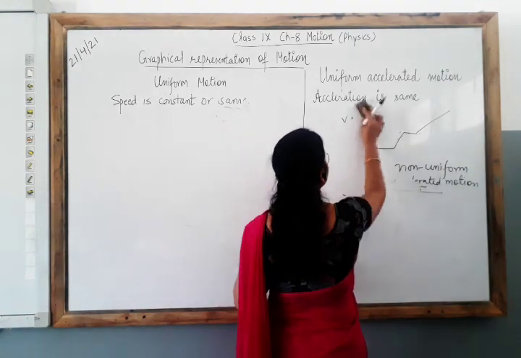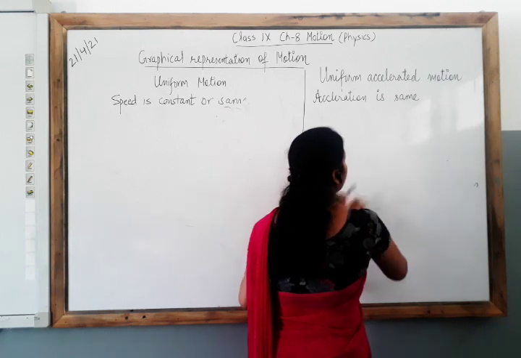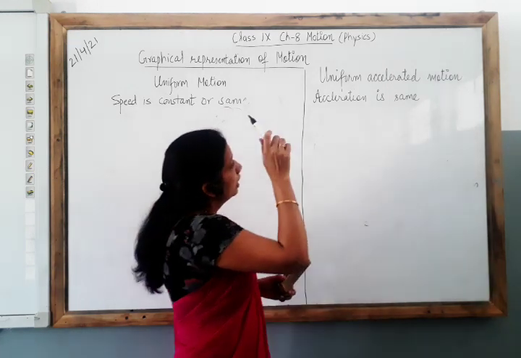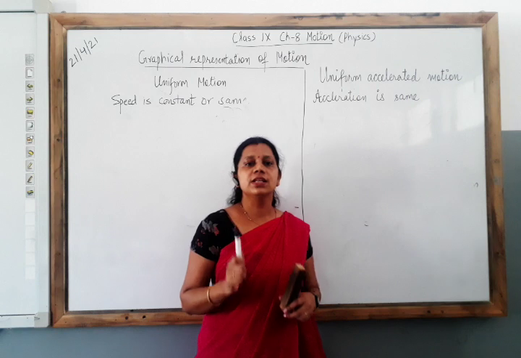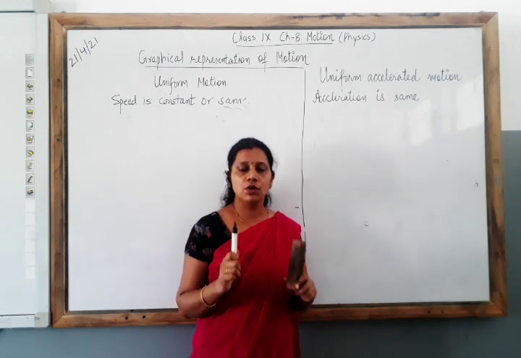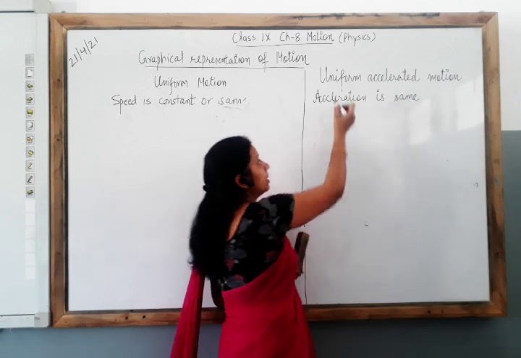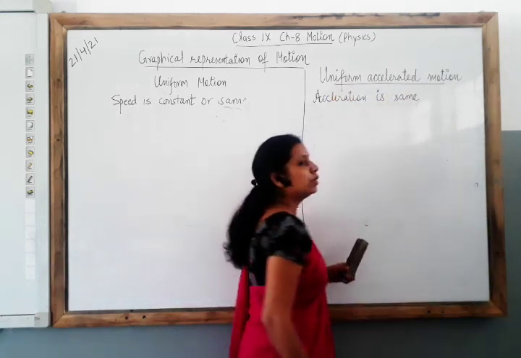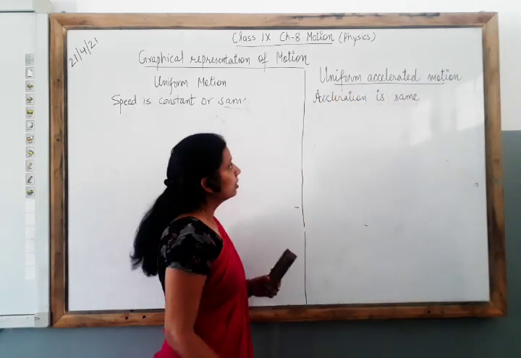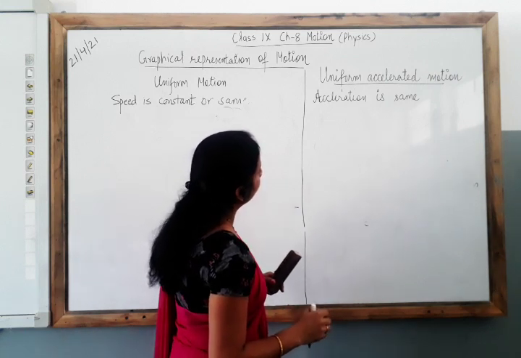So I hope the difference between uniform motion and uniform accelerated motion is clear to you, because all the equations of motion that we are going to do are based on uniform accelerated motion. Okay, and one more thing.